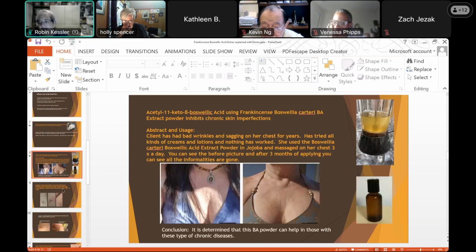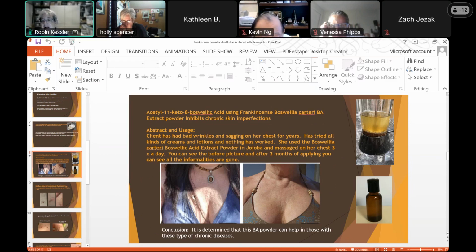This was a very interesting study. This was on a client who also has been testing for me. If you notice on the left, she has all these wrinkles. And she's been using all kinds of stuff on her chest and she can't get rid of the wrinkles.